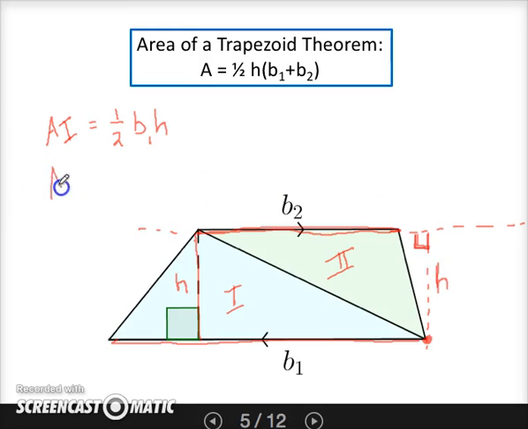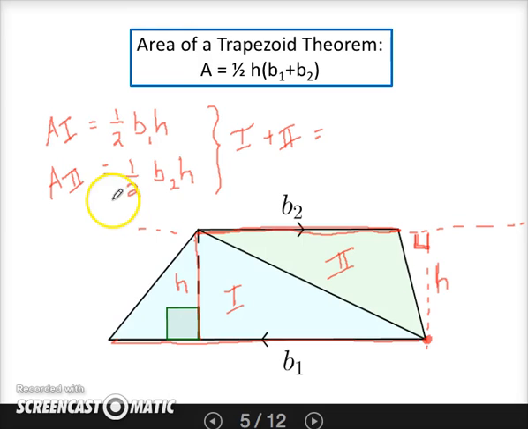So the area of region 2 is going to be 1/2 times the base of that triangle, B2, times the height of the green triangle, which is also H. I think you might see where I'm going with this now. So the area of 1 plus the area of 2 is going to be all of this plus all of this.